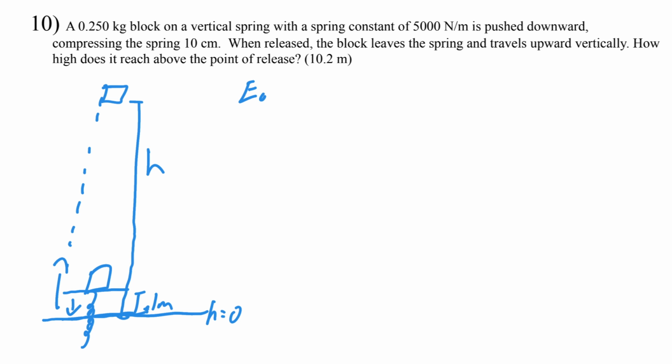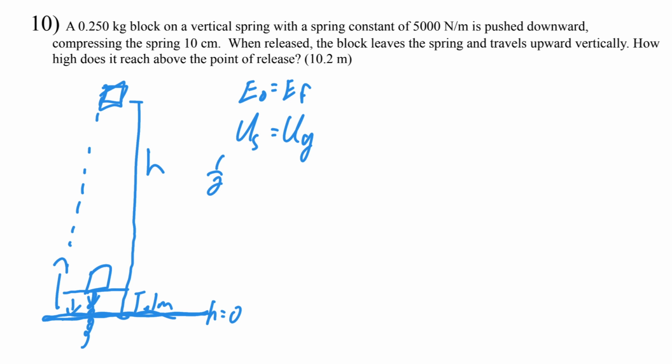So once again, we'll go E initial equals E final. And we'll go ahead and release it, right? So that means when we push it down, we're going to call this our bottom, our reference level here. When we push it down, we have only spring potential. And then since this is our bottom point, when it's way up here and stops, then that means it has only gravitational potential.